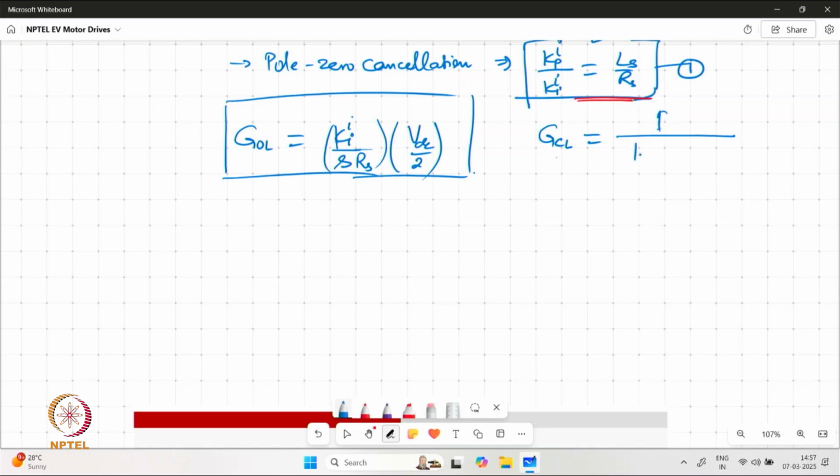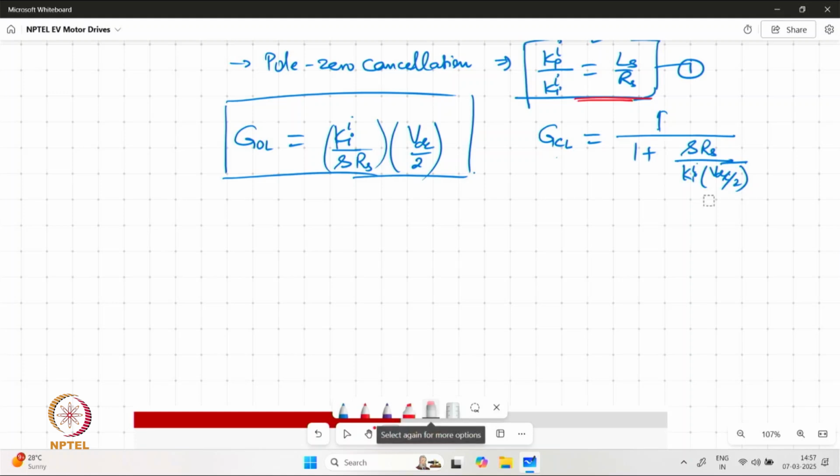and we are going to finally reach up to the bandwidth of the current control loop, which is now formulated as Ki VDC by 2 divided by Rs.